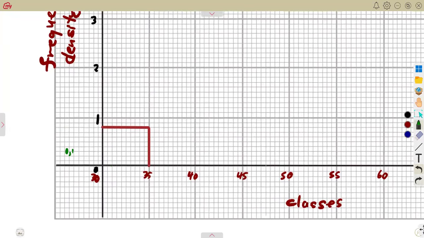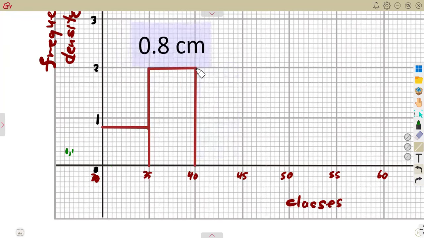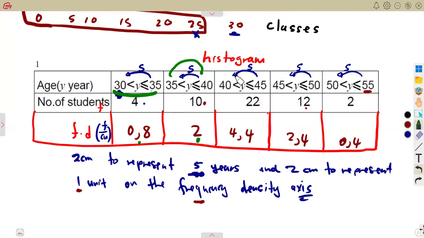You're just going to have a bar joined there at 2. Something like this. Sorry for this number showing up. Because of the width of those classes, are you seeing that these bars are the same width? It is not to say every time you draw it is going to be like that. Here it's because of the classes, as I explained.